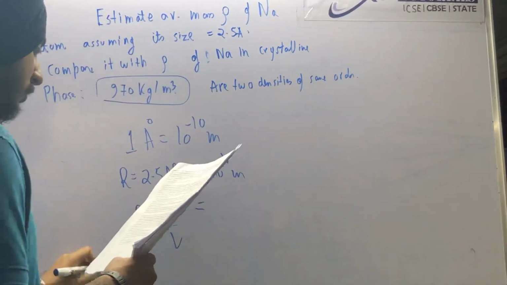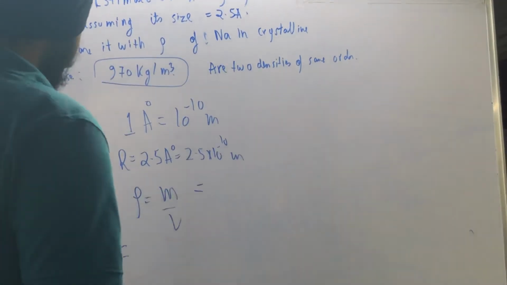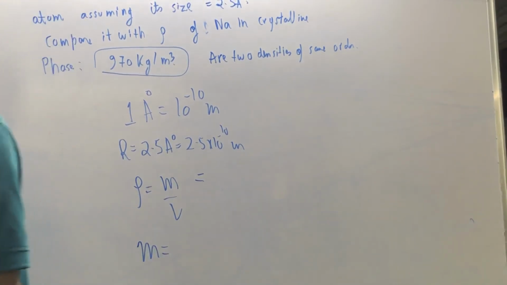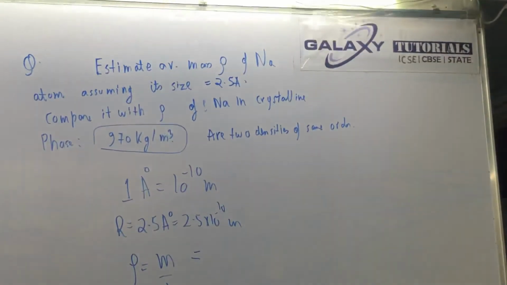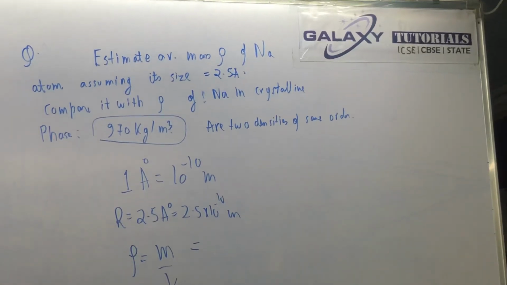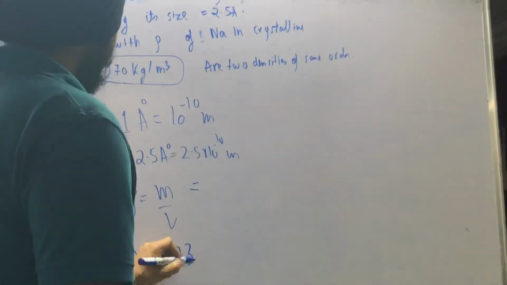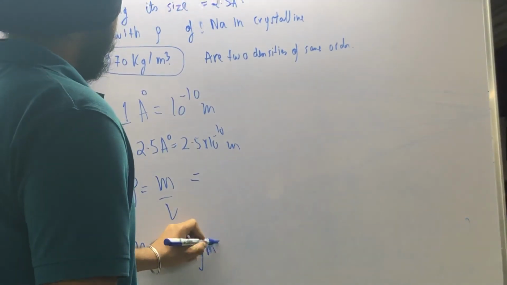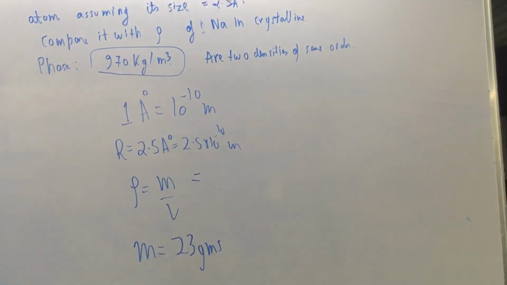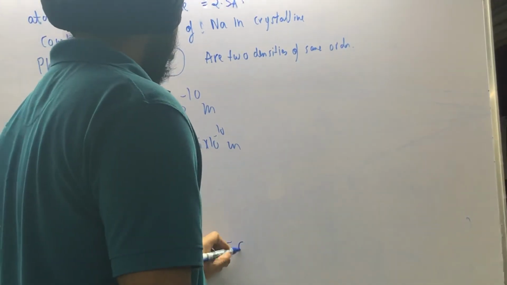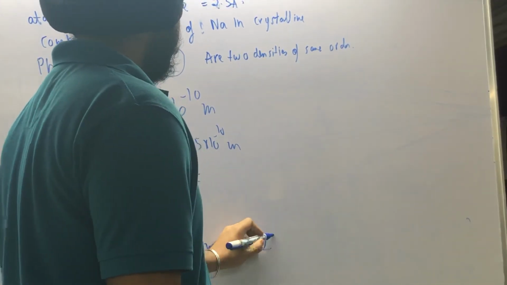First of all, see the mass. 1 mole of sodium has a mass of 23 grams. We are talking about 1 mole here. This is approximately 0.023 kg.